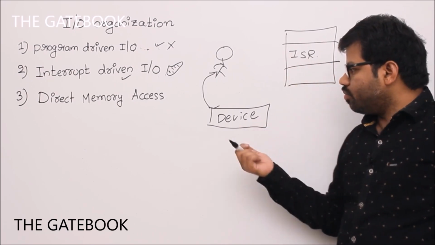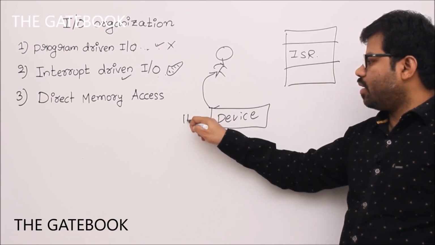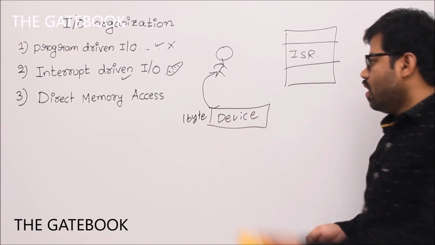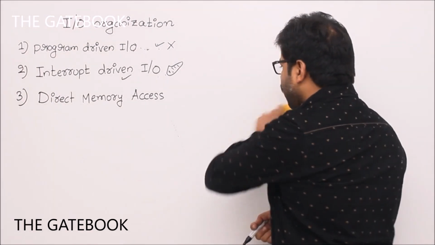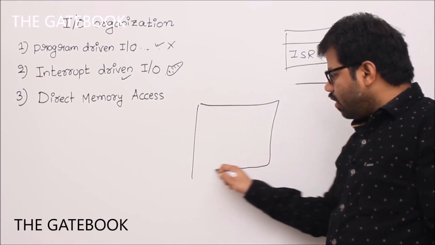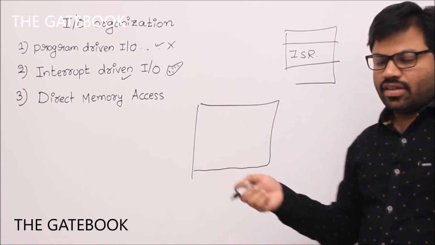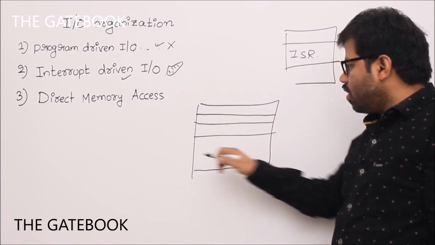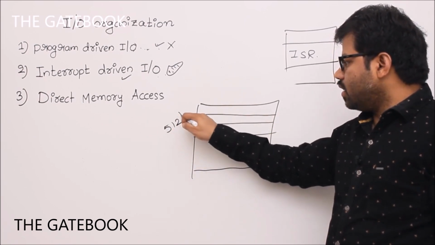For devices which send only 1 byte periodically, there will not be any problem. That's okay to go for interrupt driven IO. But there are some devices which are block devices. When there is a block device, that block device sends huge data. Maybe that device can send a block of data whose size is 512 bytes.